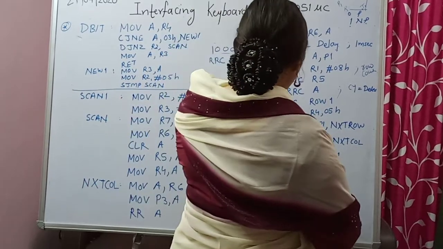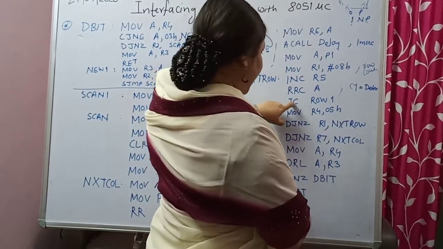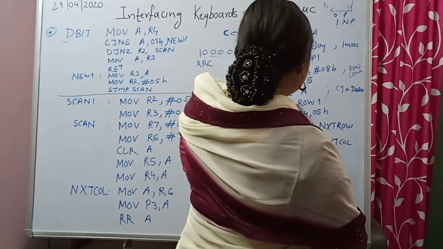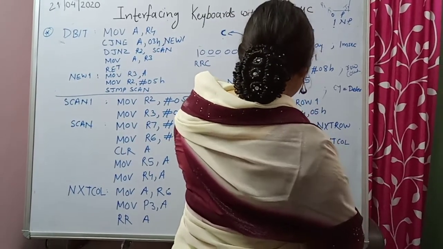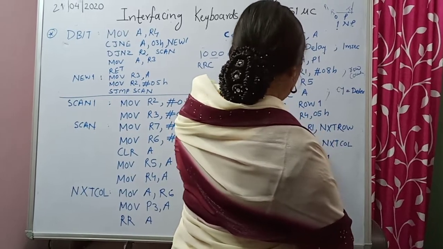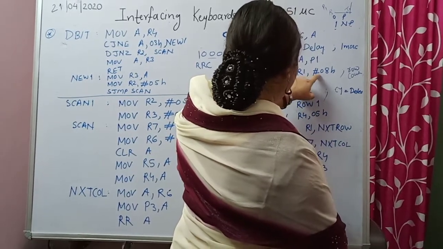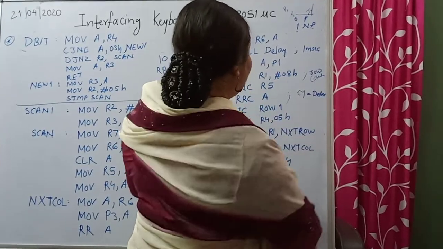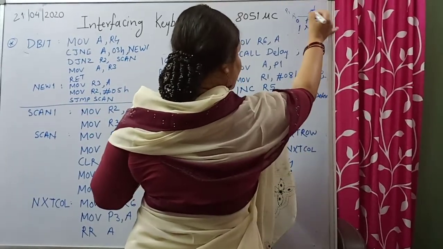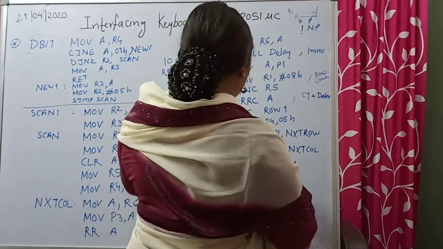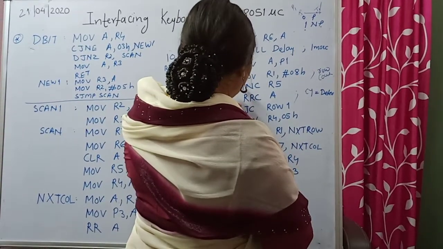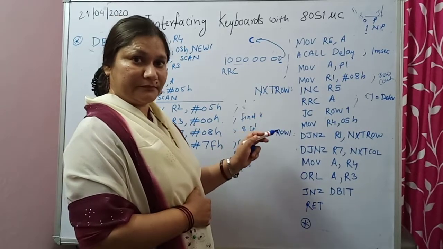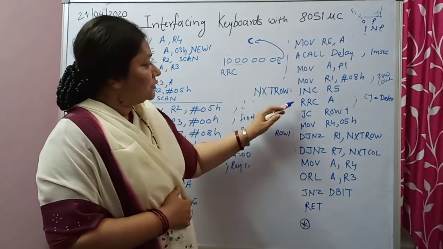So when you find that carry is set, that means no key is pressed on this particular row. So you move to the row counter for decrementing. Why? Because there are 8 rows, and on one column there are 8 rows connected, so we have to check all of them.